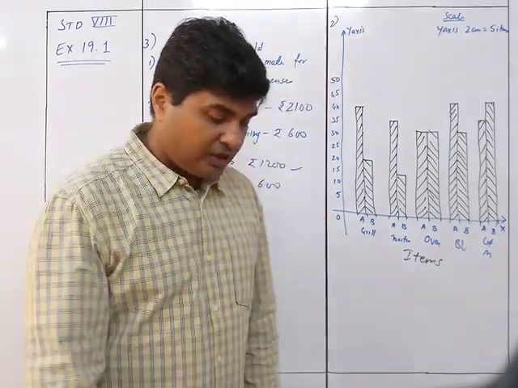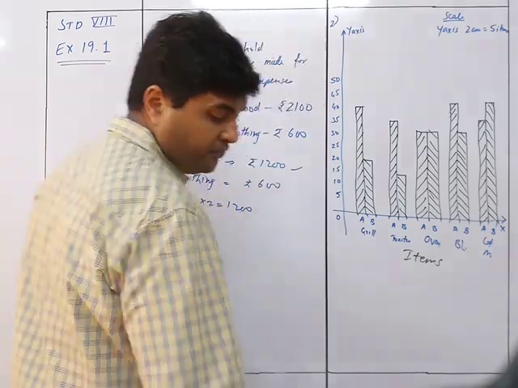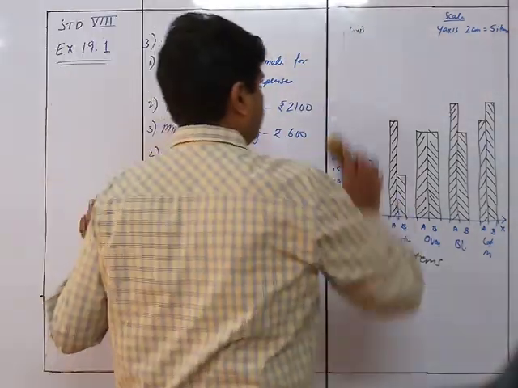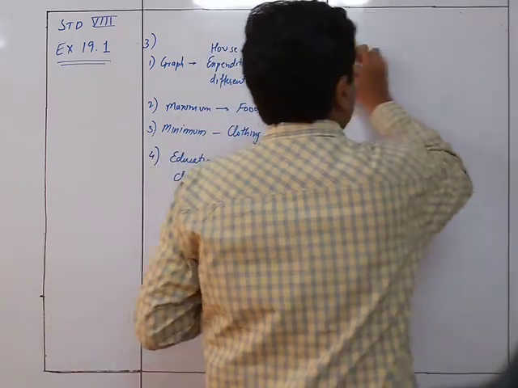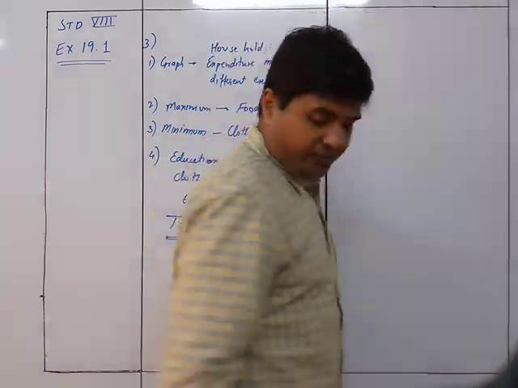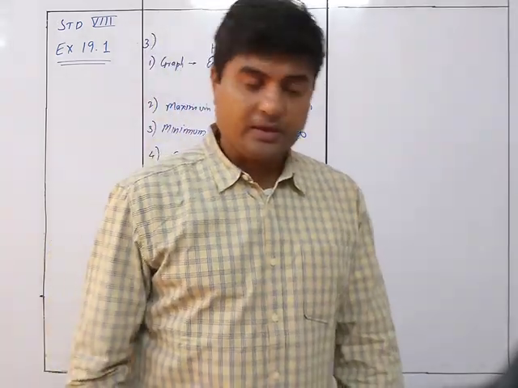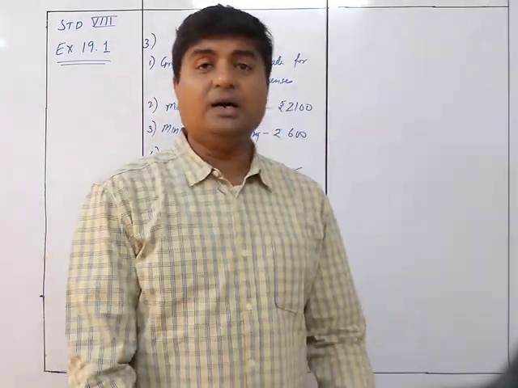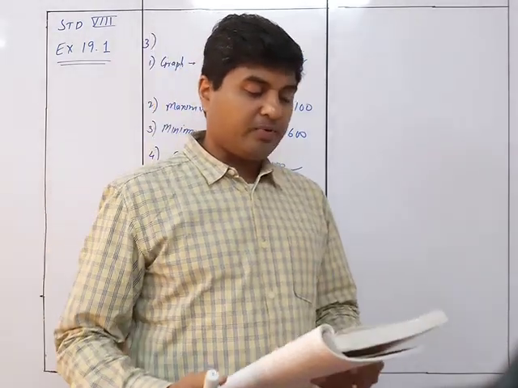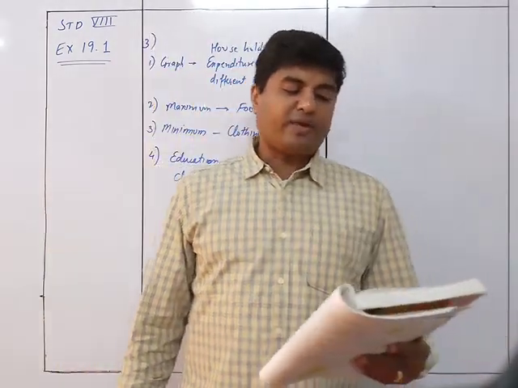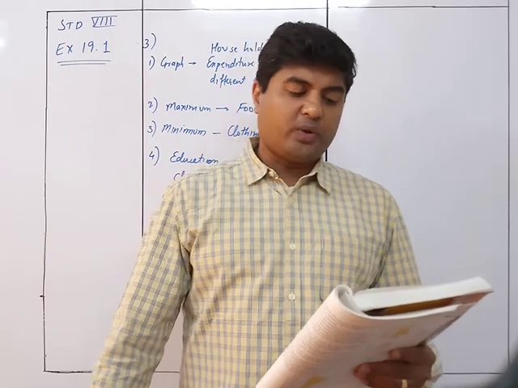Now we move on to question number 4. Again, they have already given you the graph. You are just trying to interpret which graph it is. So it is a double bar graph given to you. Question number 4. Read the double bar graph carefully and answer the following questions.